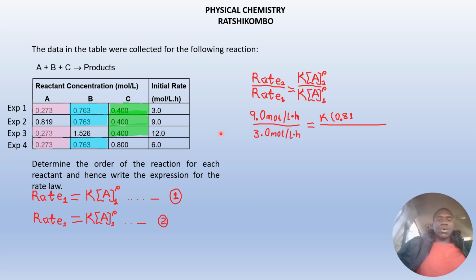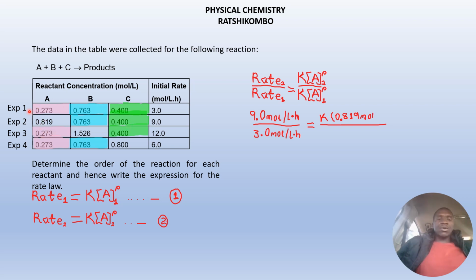So how do we go about finding the order of this one? If we want to find the order for B this time around, we check the experiments whereby B is not constant, but the rest, A and C, are constant. For example, we can check experiments 1 and 3.